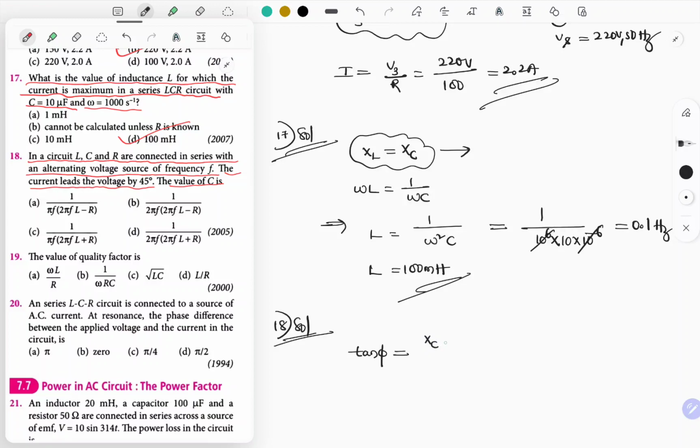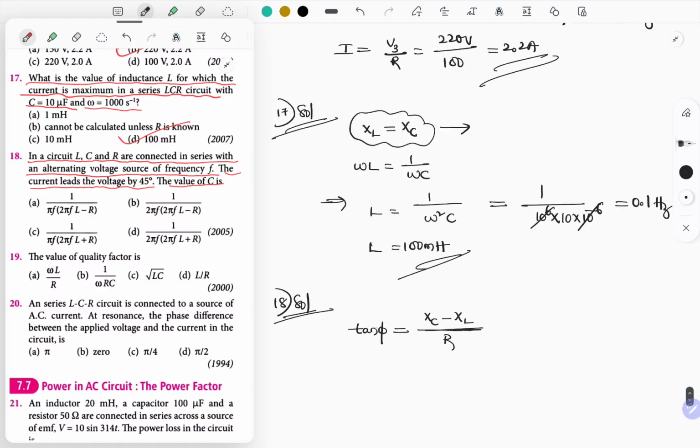So tan phi is XC minus XL, not XL minus XC, divided by R, because the XC effect is greater. They said phi is 45 degrees. If phi is 45 degrees, then tan phi is equal to 1. What do I have to find out? I have to find out the value of capacitance C. Okay, so then XC is equal to R plus 2 pi FL.